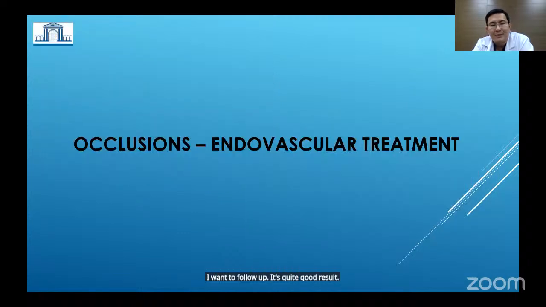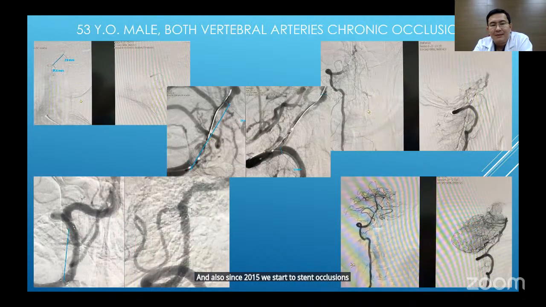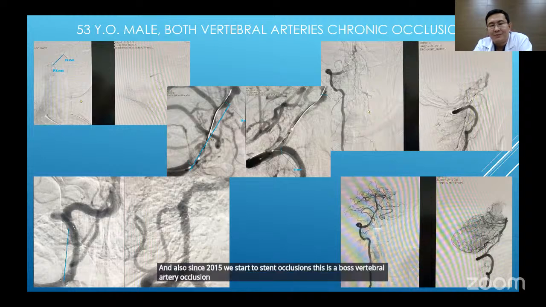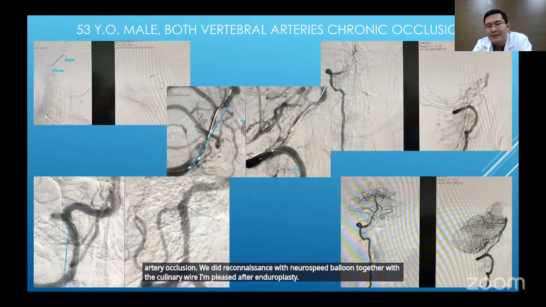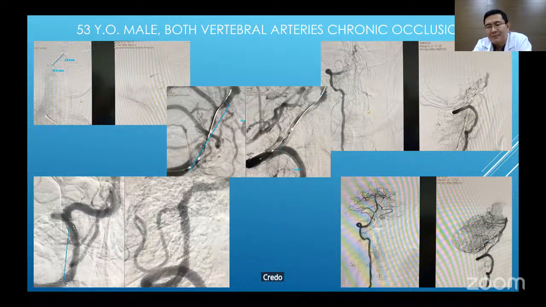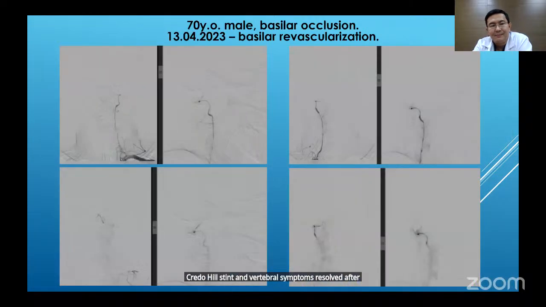And also, since 2015, we started to stent occlusions. This is a both vertebral artery occlusion. We did recanalization with the Narrow Speed balloon together with a coronary wire, and after angioplasty placed a Credo Heel stent, and vertebrobasilar symptoms resolved after stenting.